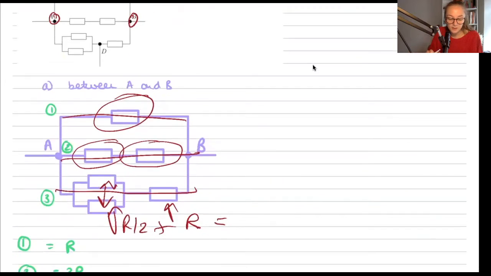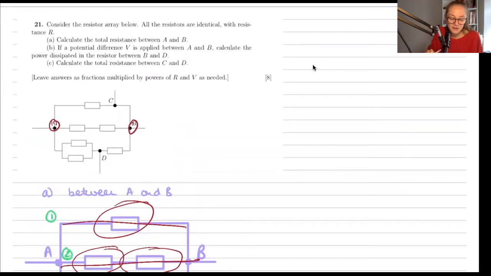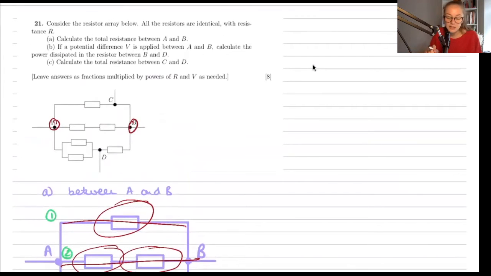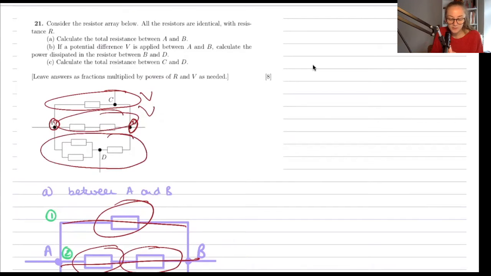And then part B asks us, if a potential difference of V is applied between A and B, calculate the power dissipated in the resistor between B and D. So we have a total voltage of V. The voltage across this branch is V, the voltage across this branch is V, and the voltage across this branch here is V. And we want to know the power dissipated by this component.